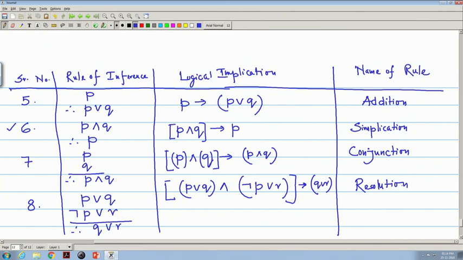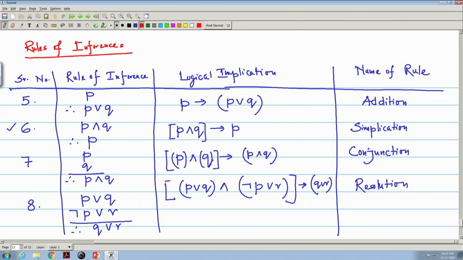So, these are the 8 rules of inferences that we can apply directly when we try to simplify a compound proposition.